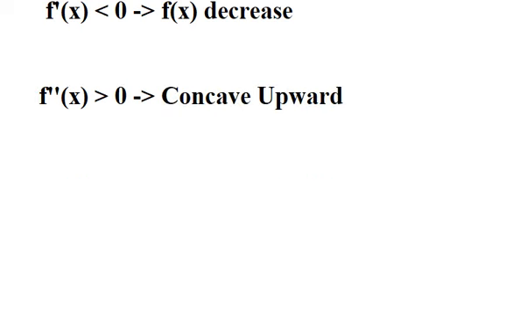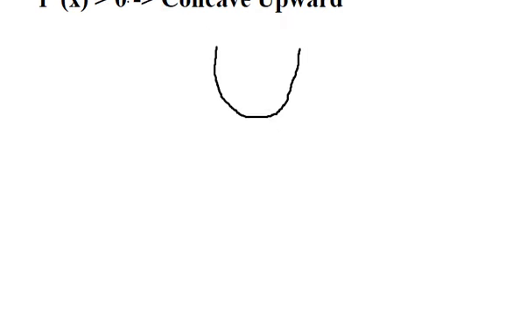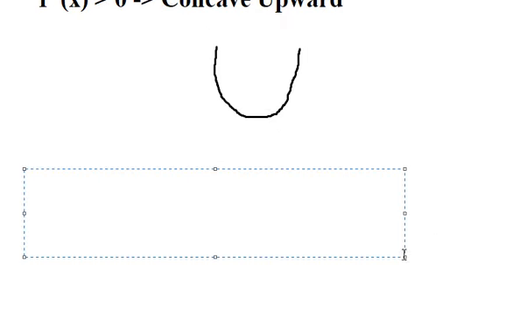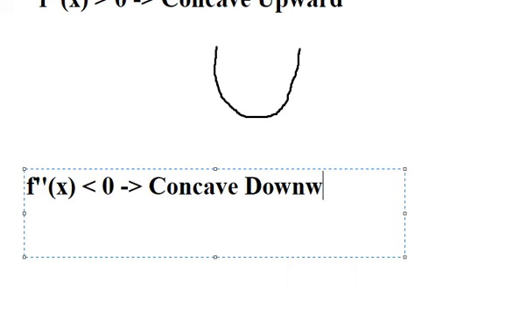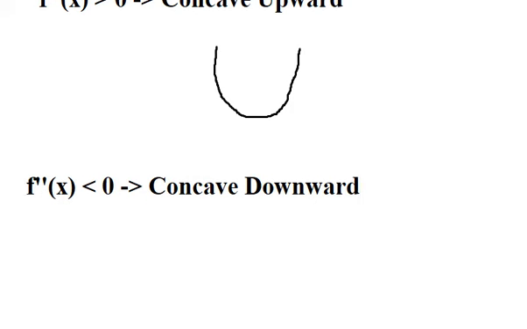Concave upward looks like this, here is the figure. If the second derivative of the function is negative, this is concave downward, and that looks like this.